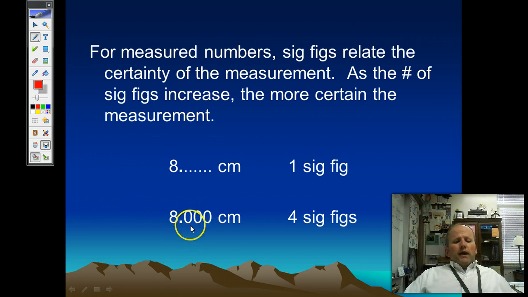Well, this is an amazing ruler, and it also goes to 4 significant figures. In this, we don't know a single number after the 8. They could be anything. But these, we paid money. We paid a lot of money, probably, to get these measurements.